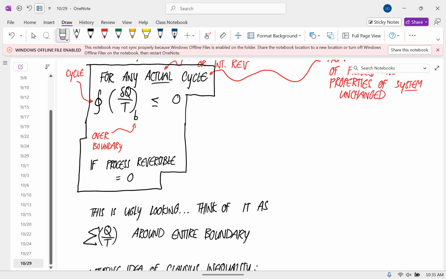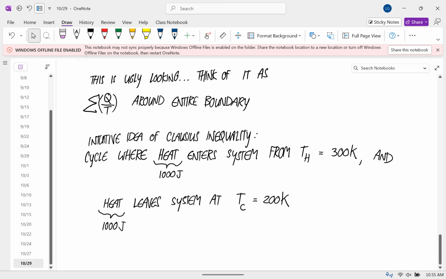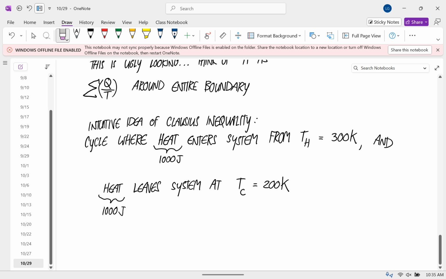The heat in is equal to the heat out because it's a cycle. So because it's a cycle, it's always 0? No, we haven't calculated that integral thing yet. All we've done, I just said that.